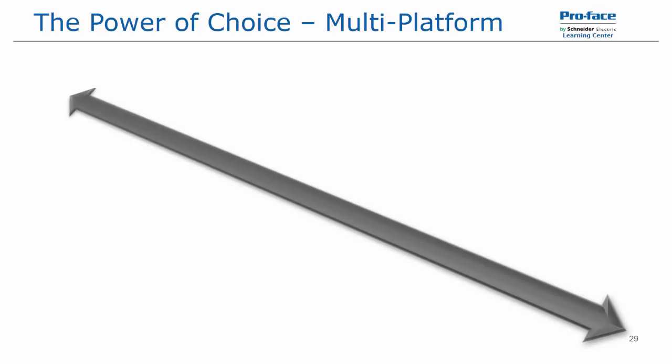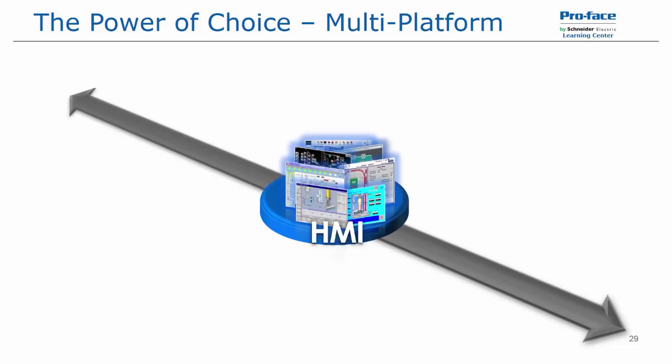Blue Open Studio is multi-platform. That gives us the power of choice. And what we mean by that is, let's say that there is a spectrum, and the spectrum is just a range of devices and operating systems that Blue Open Studio can run on. A single development station can program and deploy a single application or multiple ones that fulfill the needs of any customer. So let's say on the spectrum, in the center we have the HMI group. And these could be dedicated HMIs or industrial PCs that are running HMI software.